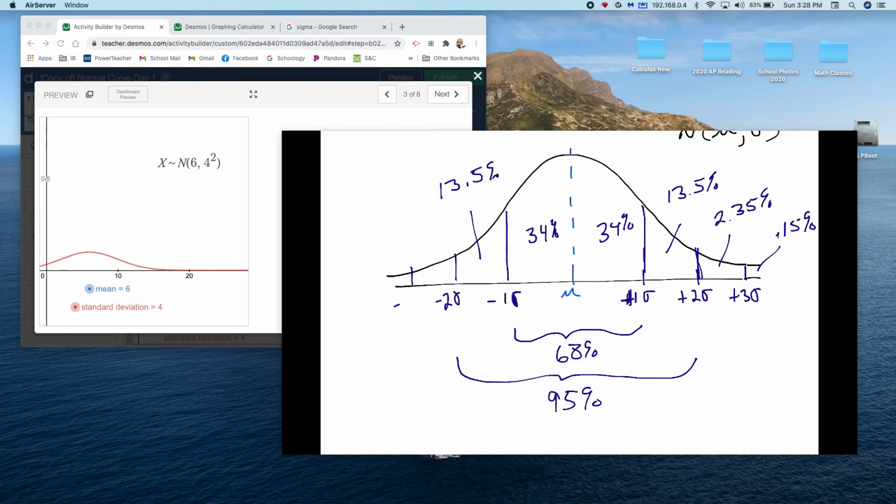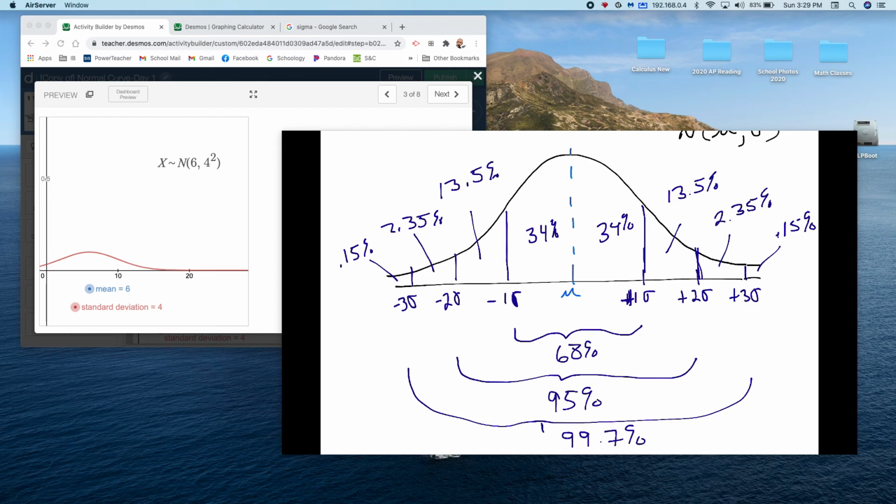If we subtract 3 standard deviations, again, this is 2.35%, and this is 0.15%. So if you go 3 standard deviations away from the mean, you're dealing with 99.7%. So again, if you're 3 standard deviations away from the mean, you have almost everything that you need.